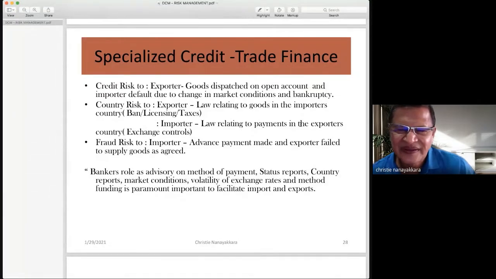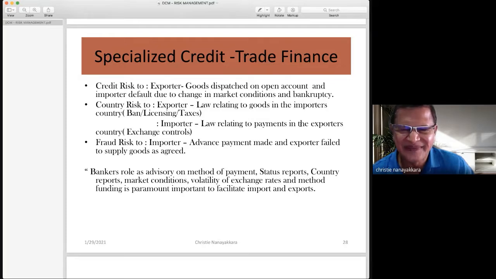So in our structure, for the importer we start with the letter of credit limit. For the exporter, we may need to start with the foreign bills purchase limit, because at a time there can be several foreign bills which have been purchased and not been paid.